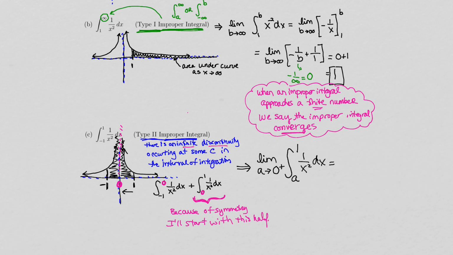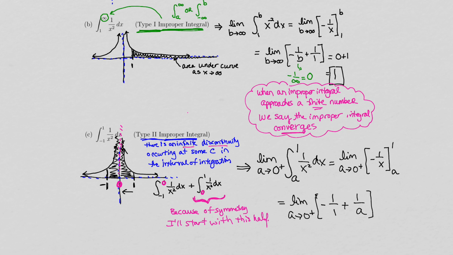But we already know what the antiderivative is, so let me write this down. The limit as a goes to 0 from the positive side of -1 over x from a to 1, and what's happening with that limit?